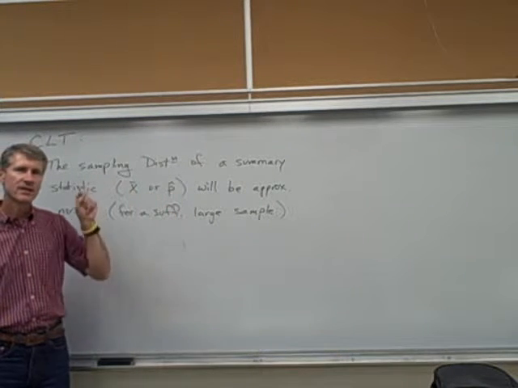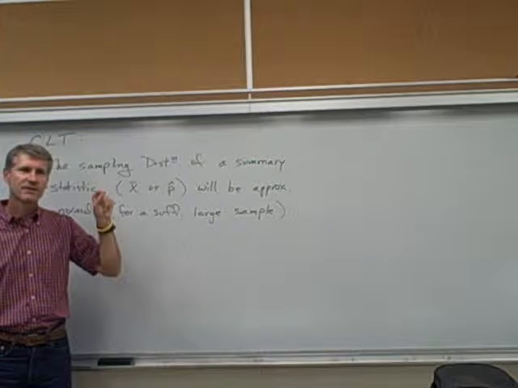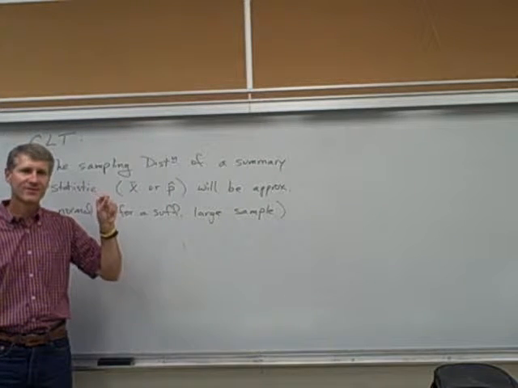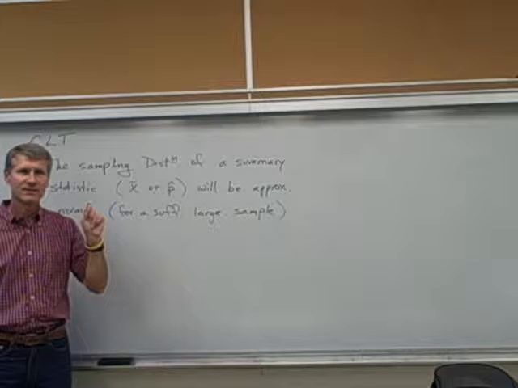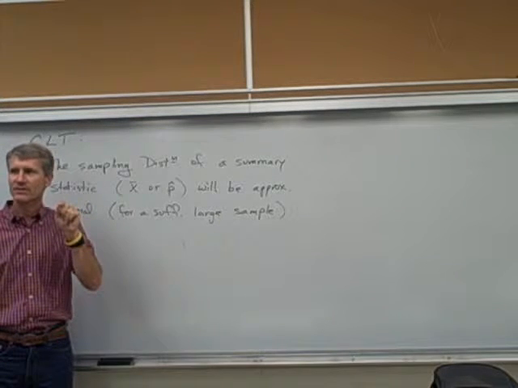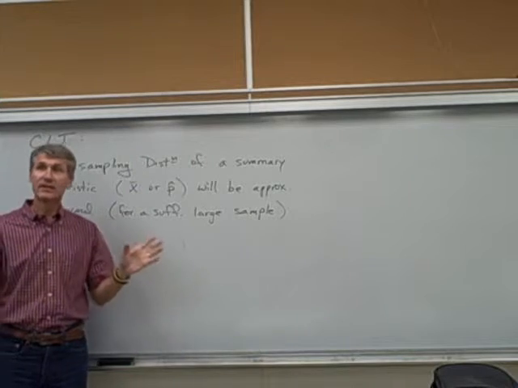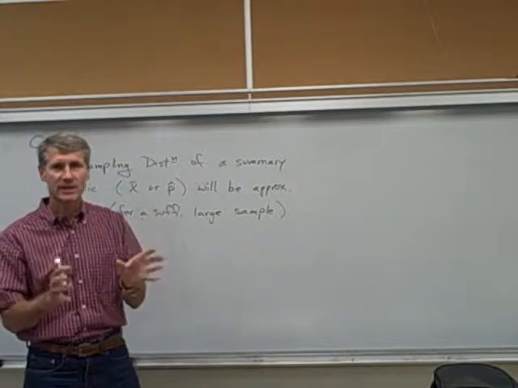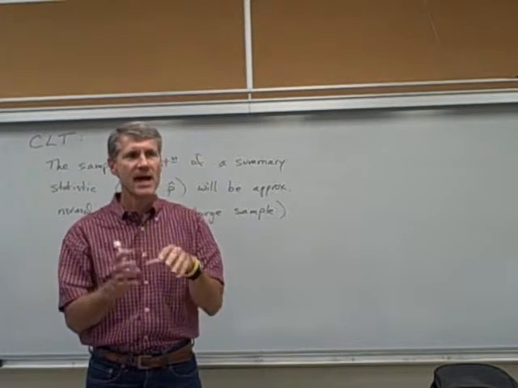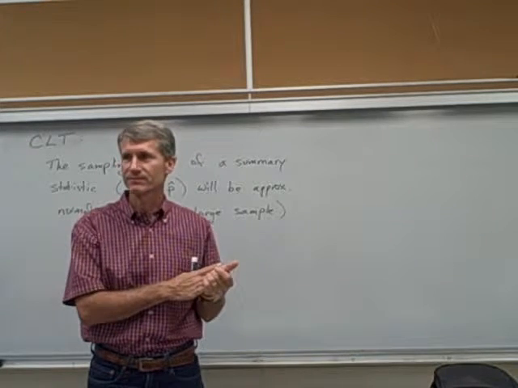But it had n times p greater than or equal to 15 and n times 1 minus p greater than or equal to 15. Which in English, that says at least 15 successes and at least 15 failures.